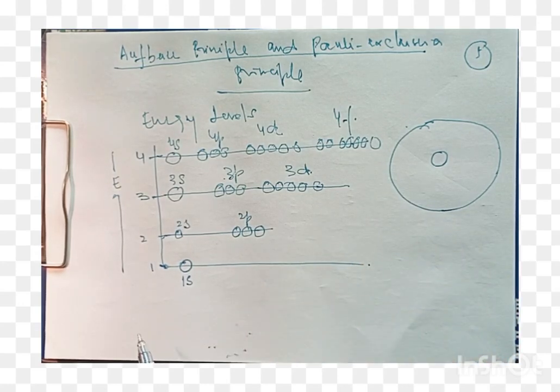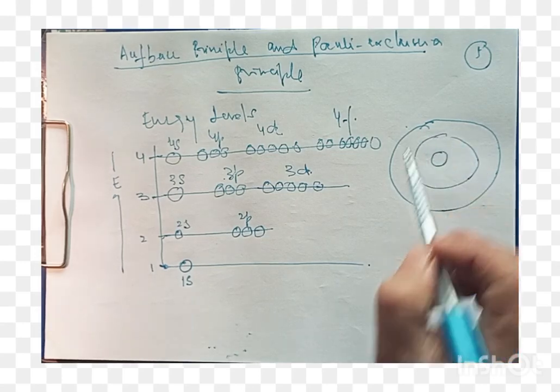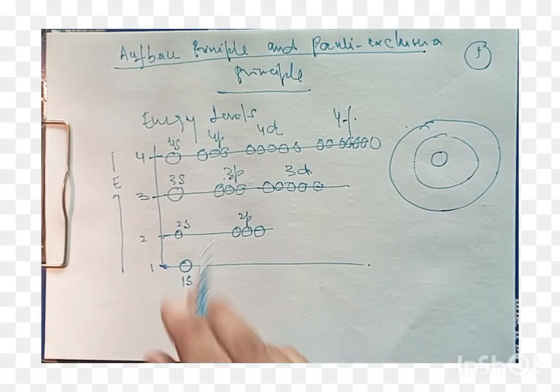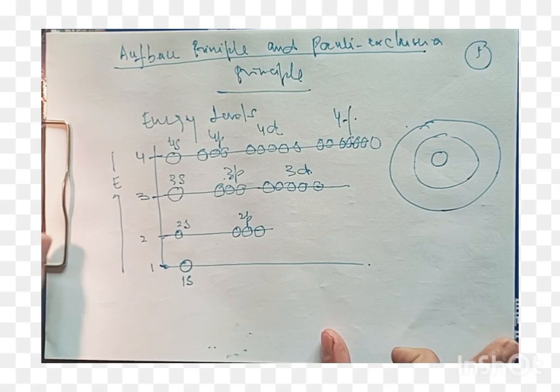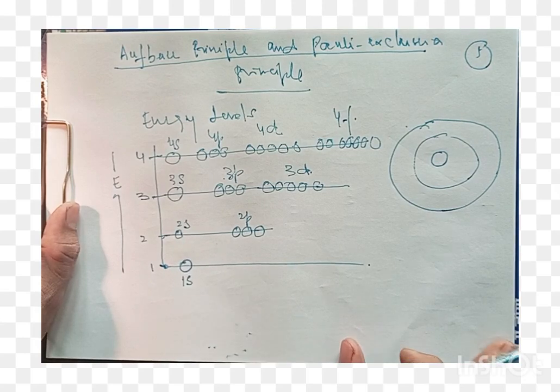For the relative energies of various orbitals in those multi-electron atoms, we can look at a crude graphical representation, where we see that these orbitals differ. There is a difference in their energies.